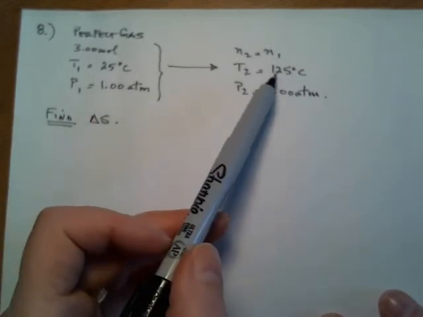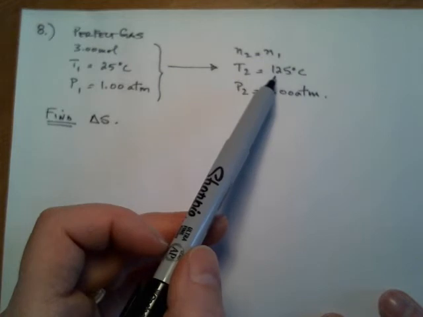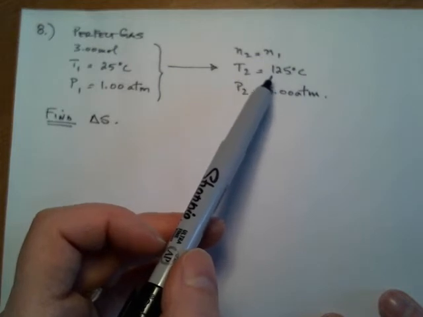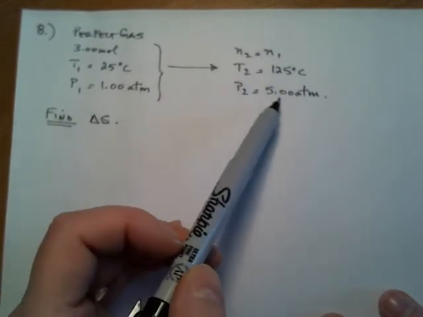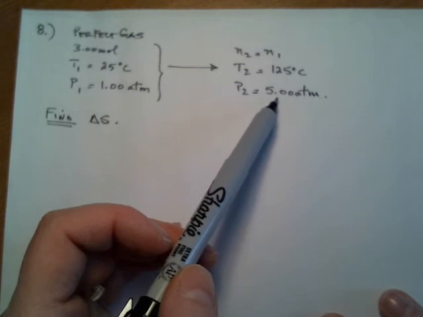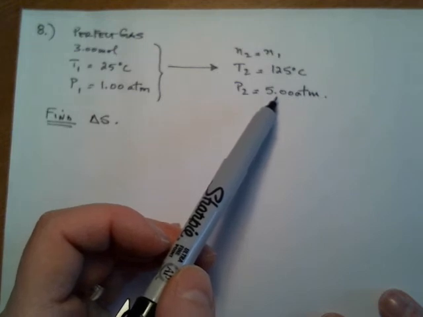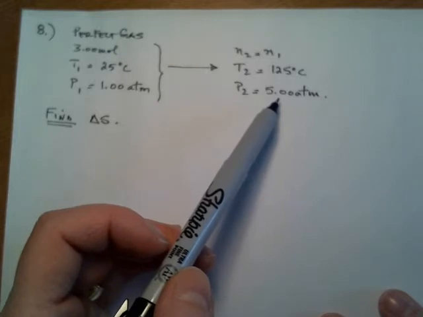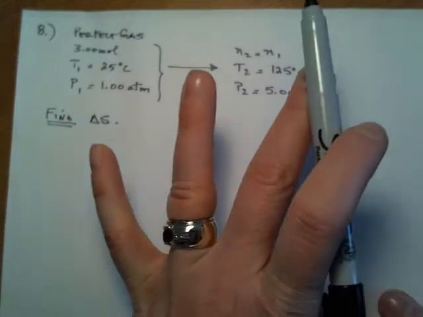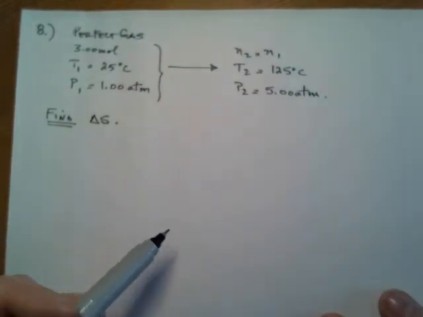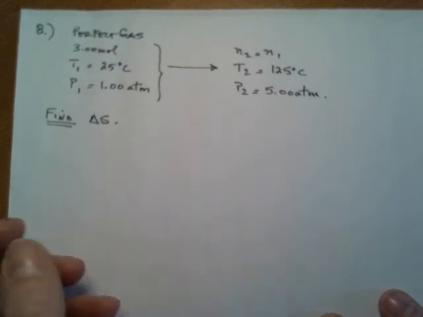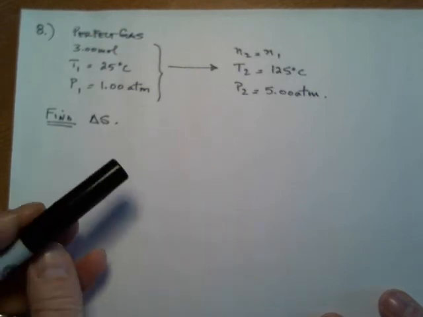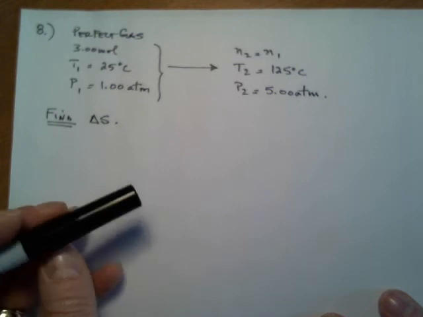If you're at 125 and you want the pressure to go from 1 to 5 isothermally, yeah, you'd have to be changing the volume. You'd have to be compressing at 125 in order for the pressure to go up. Yeah, so the second step will be a reversible isothermal compression.